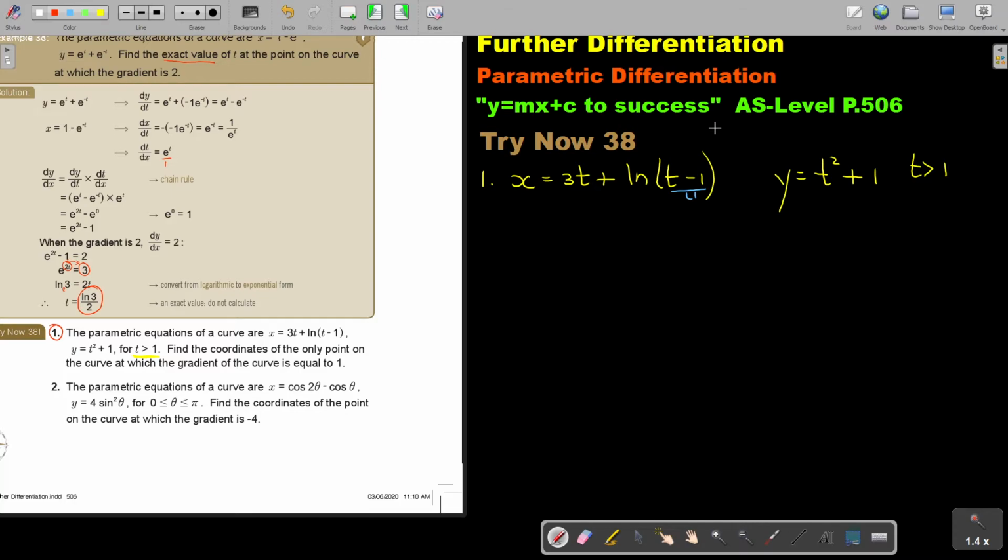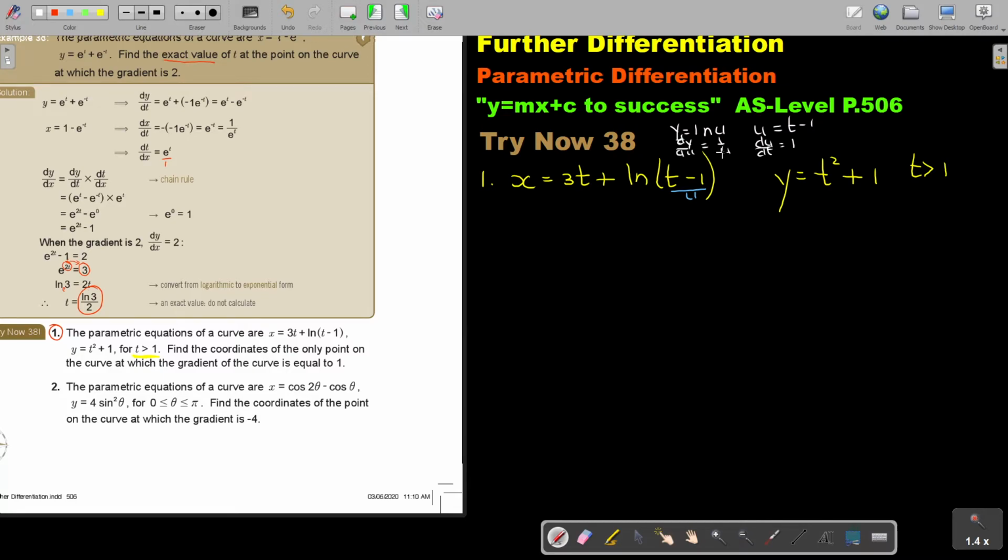You can just say, okay, on the side, it's actually better the side that I'm doing now, but it's actually ln u, and u is equal to t minus 1. So let's call it y, doesn't matter. So it's dy over du, it's 1 over u, and du over dt is equal just to 1.